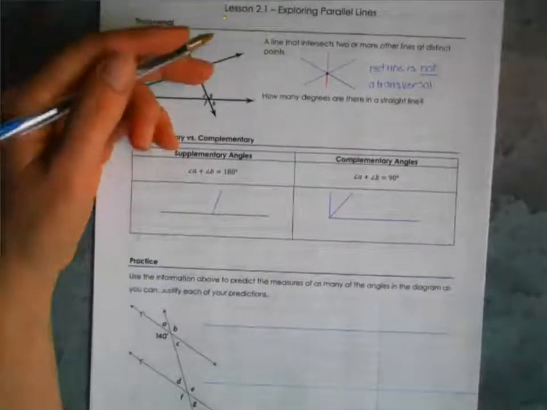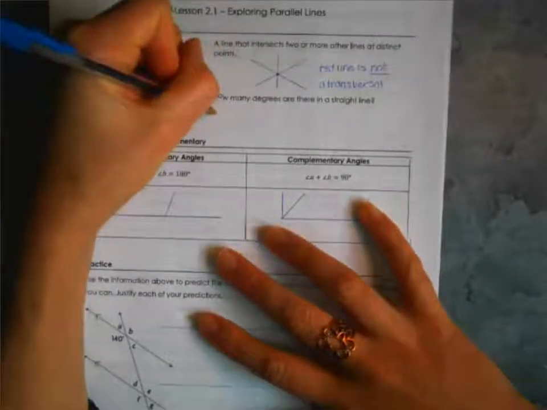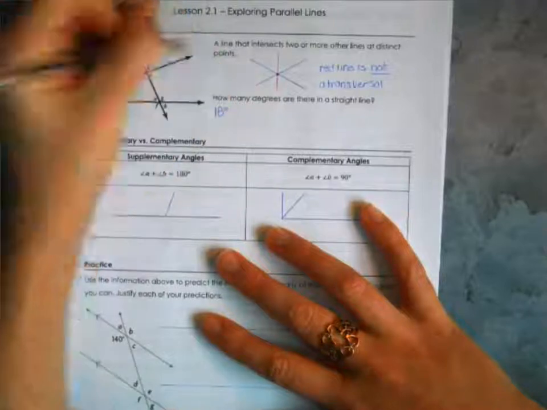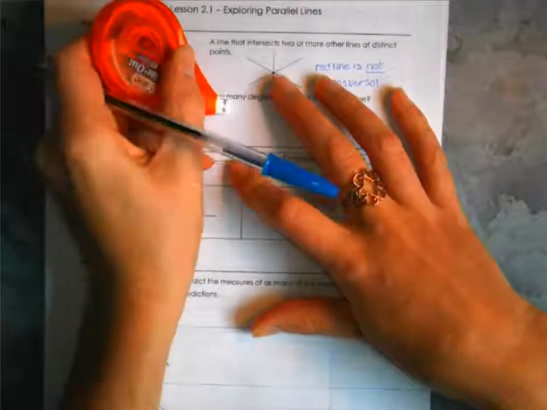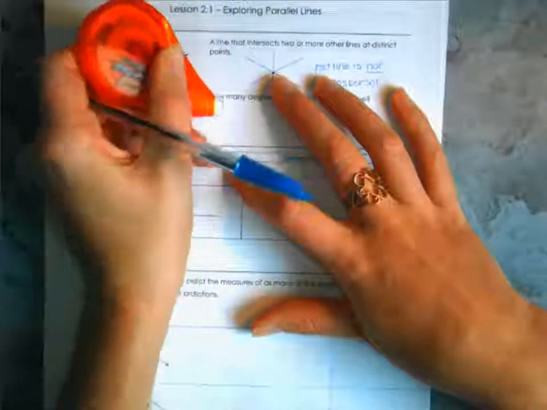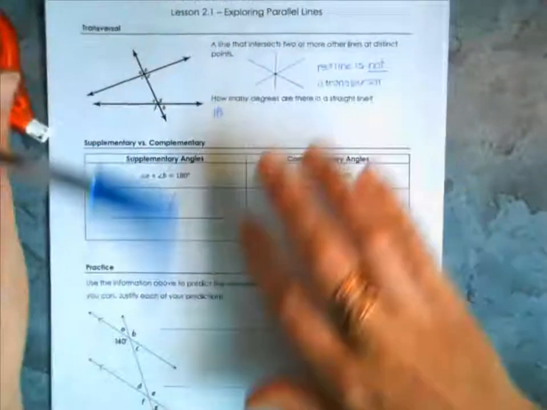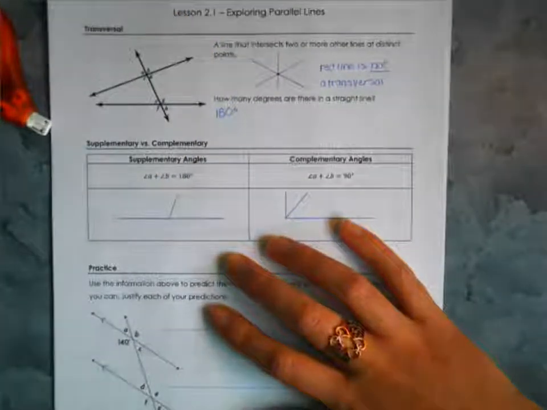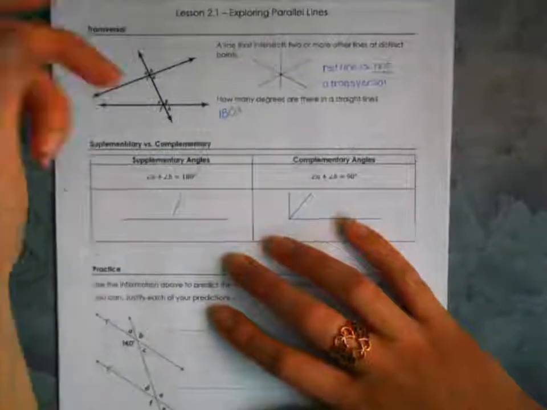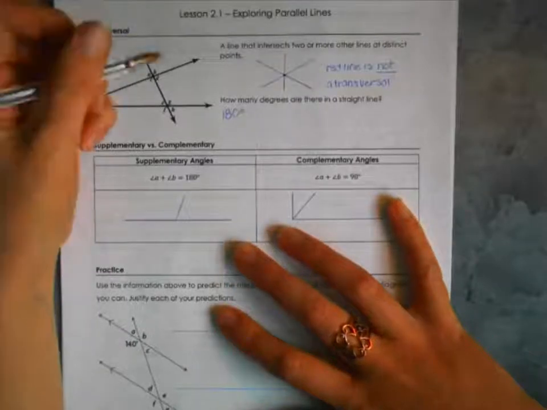Okay. So we know that there are 180 degrees on a straight line. And so what you guys are going to be wanting to do quite a bit in this unit is use that fact to calculate angles.